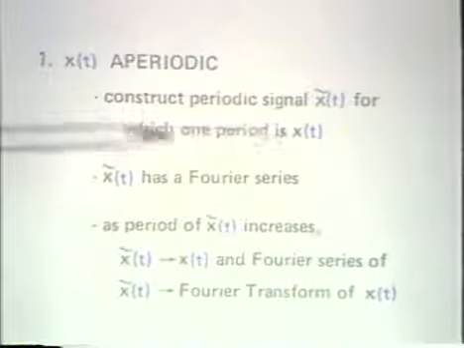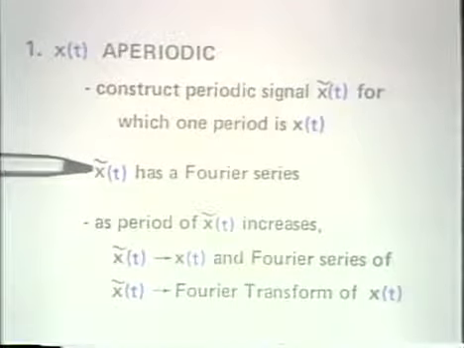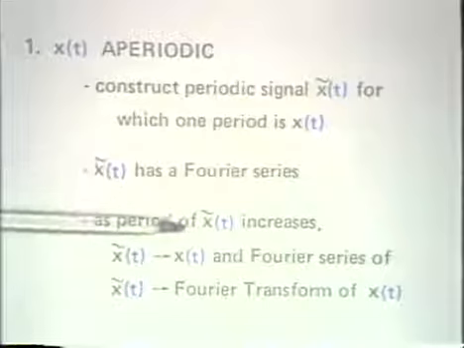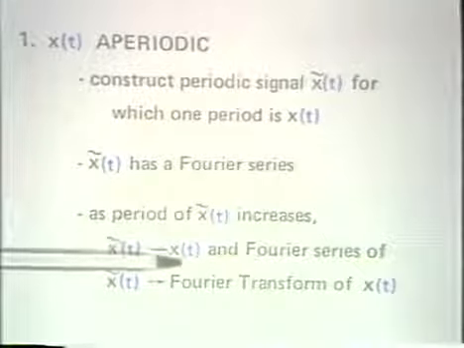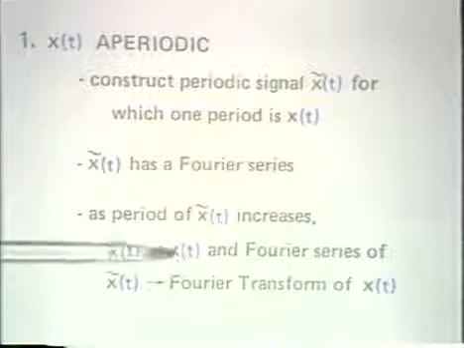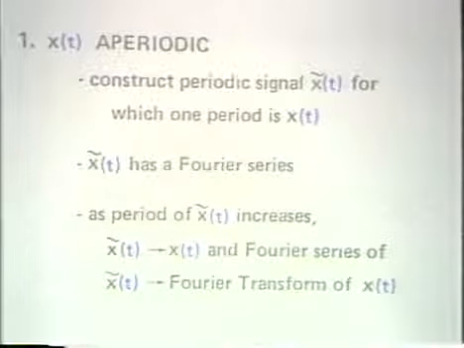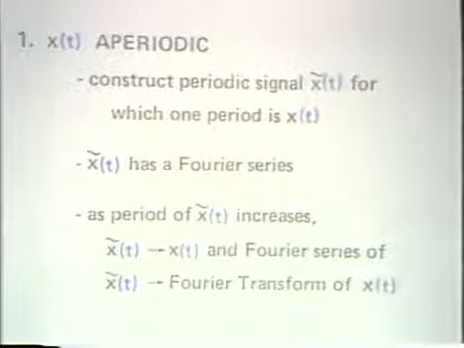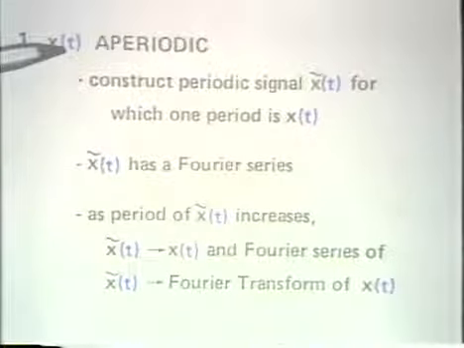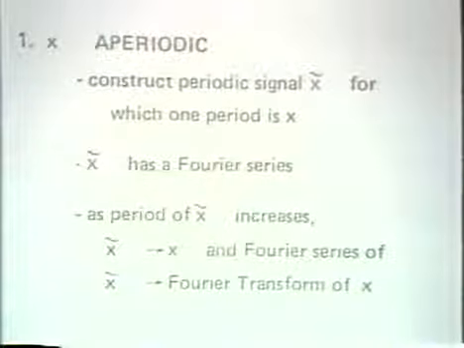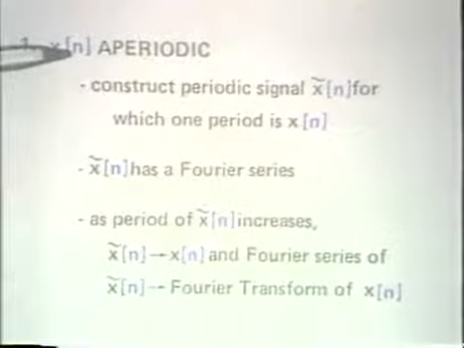Since the periodic signal has a Fourier series, and as its period increases and goes to infinity the periodic signal represents the aperiodic signal, the Fourier series provides us with a representation. Now, we can do exactly the same thing in the discrete time case. The statement is exactly the same, except that instead of t as the independent variable, we use our discrete time variable n.